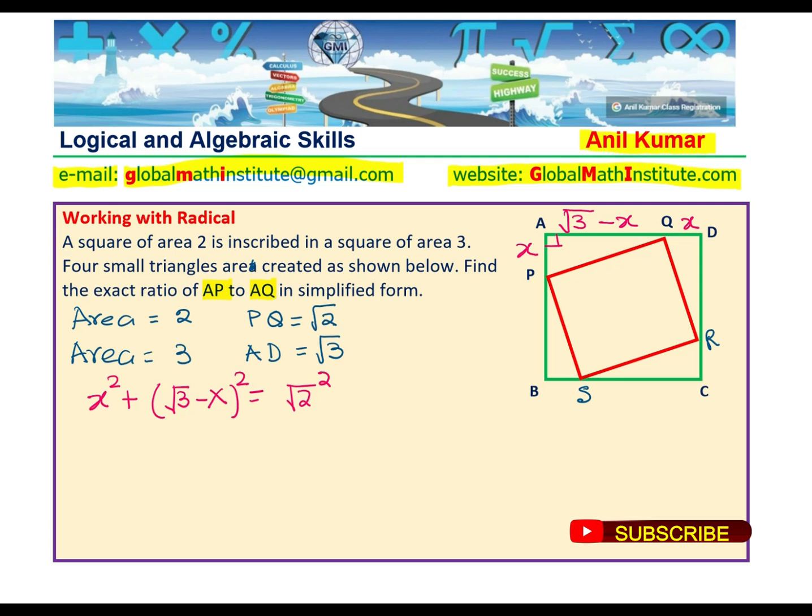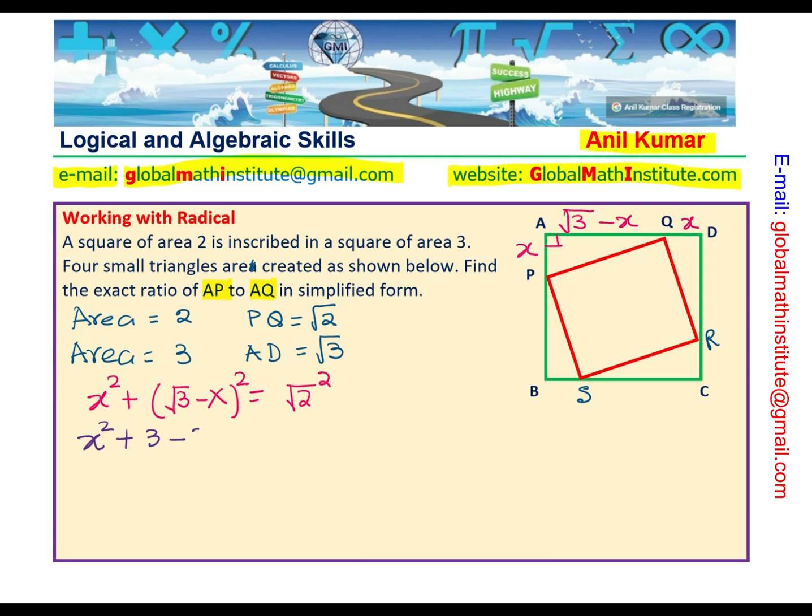Now it is a question of solving this equation. Let's expand and simplify. So we get x square plus, when you expand this, square root 3 square is 3, minus 2ab, meaning 2 times square root 3 x, plus x square equals 2. Square root of 2 square is 2.